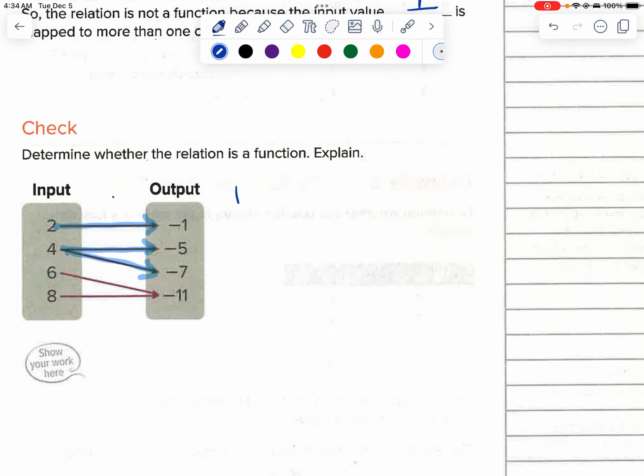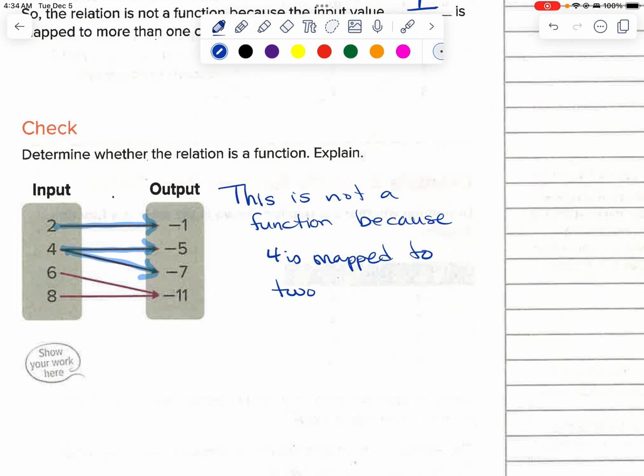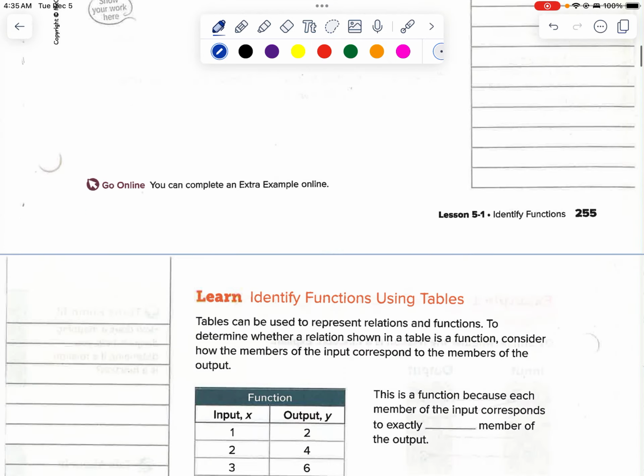So that means this is not a function because 4 is mapped to 2 different outputs, -5 and -7. Okay, right here.